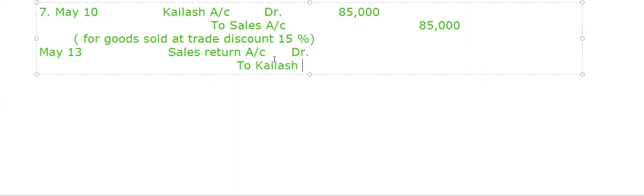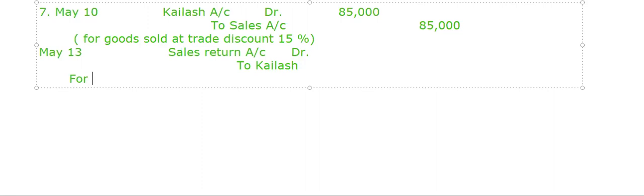Now, how much is the amount? The amount is again given on the list price, and you have to show the amount for the sales return less trade discount.